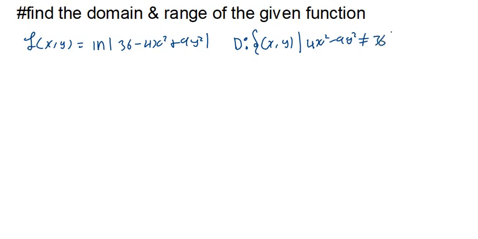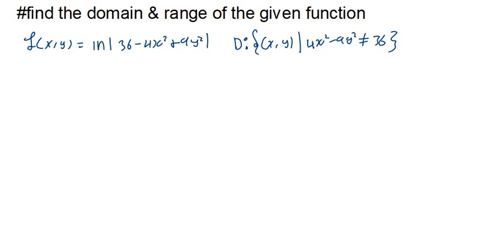Okay, that's our domain. So we're only avoiding this being equal to 36, but it can be anything else. It can be positive, it can be negative, and if it becomes 36, you're going to have a 0, and we're only saying this because you're trying to avoid a 0.